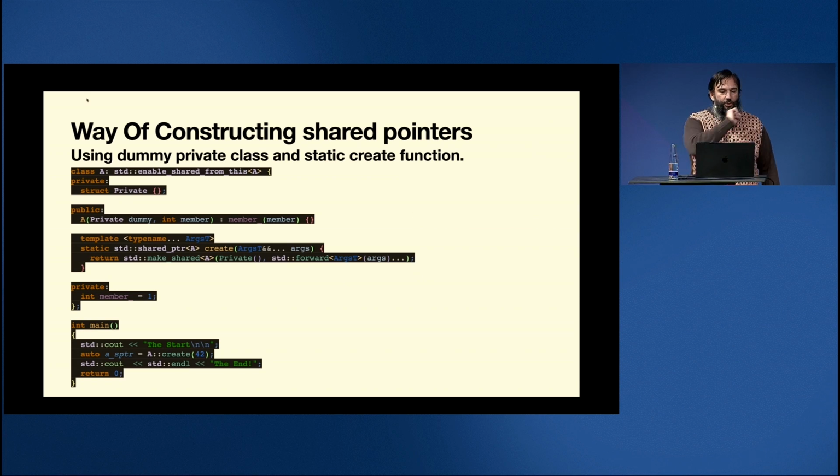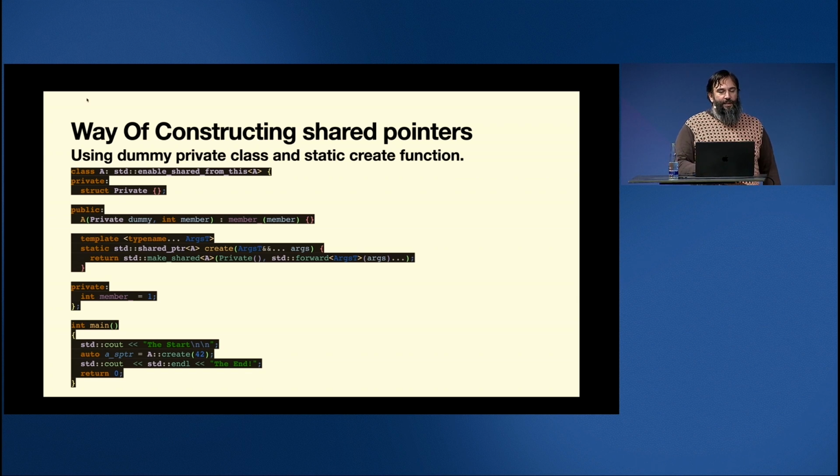Now, how can you construct shared pointers in a meaningful way, even with a public constructor, because we see that make_shared requires us to have a public constructor. So what can we do?